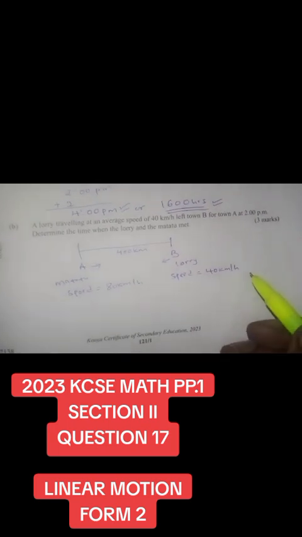This time we have a lorry coming from this side, moving this way, while the matatu moves this way. The distance is 400 kilometers. The lorry's speed is 40 kilometers per hour. Because they both started at 2:00 p.m., the times are the same.